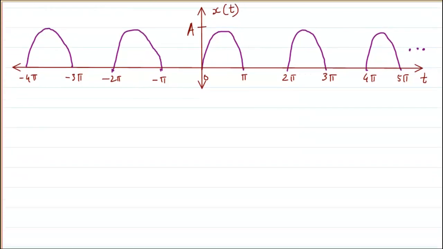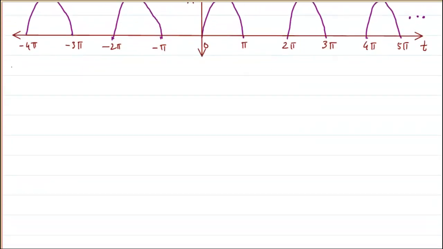The first thing is we have to define the equation. So x of t is basically a sinusoidal wave.